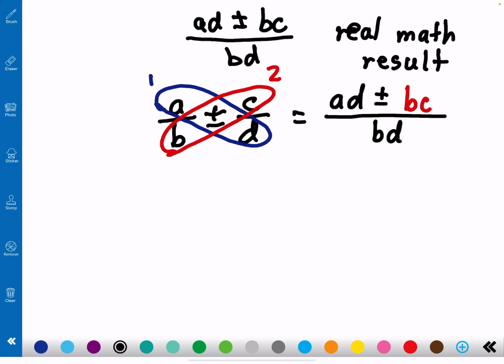So my proposal is that the butterfly method is real math. It's just a faster way of doing the traditional mathematics approach of obtaining a common denominator.